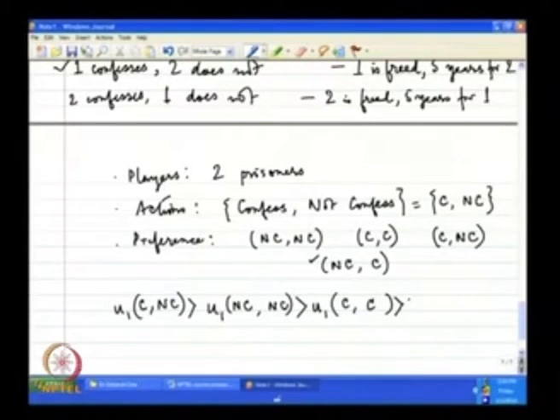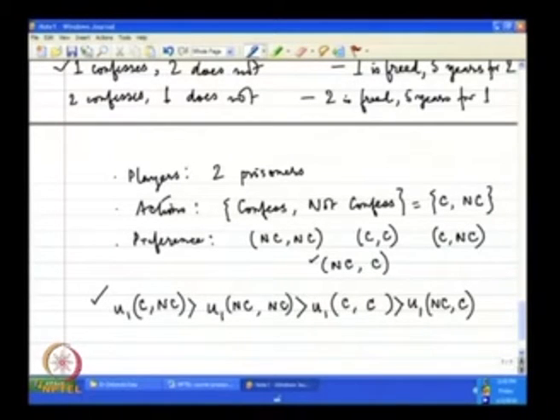So this is the last element in this chain. This is the case where he is not confessing, NC, but his partner has confessed, and in effect the partner has implicated him in this bank robbery. So this is the preference pattern of the first player.